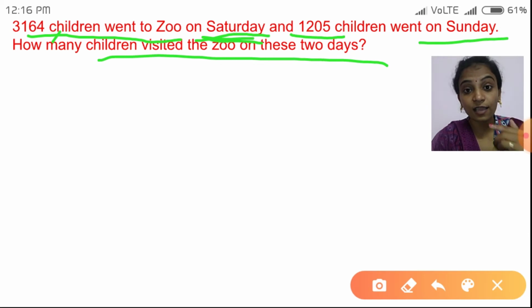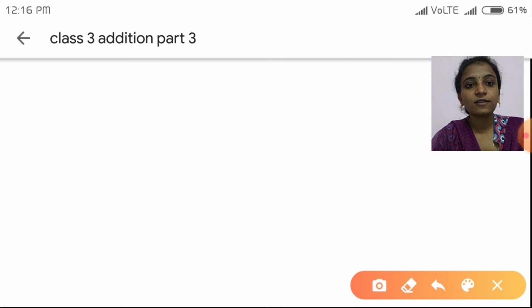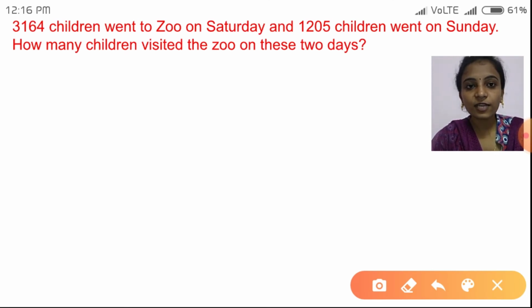That means they are asking indirectly. That means we have to find out the total number of children. So what are the steps we have to write? Okay, will you try the steps? Let us try. Up to here we will give a break, up to Saturday. 3164 children went to the zoo on Saturday.